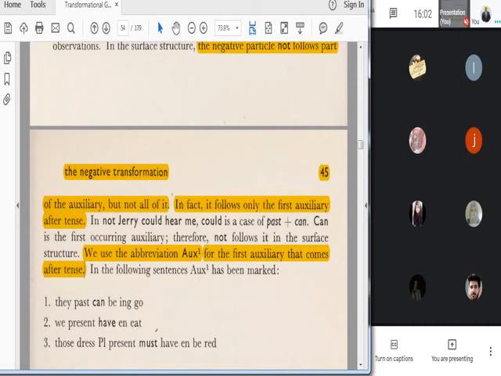Auxiliary that comes after the tense, the first auxiliary that follows the tense, or that precedes the other parts of the auxiliary. Because we know from the first three chapters that we have different parts or particles that belong to the same verbal part, which is the auxiliary.